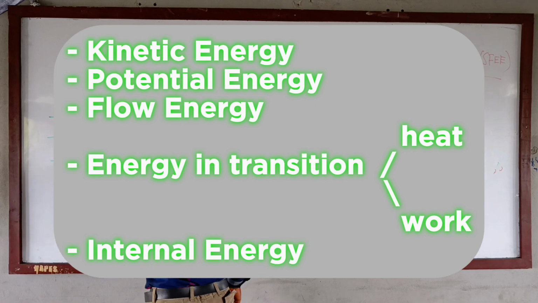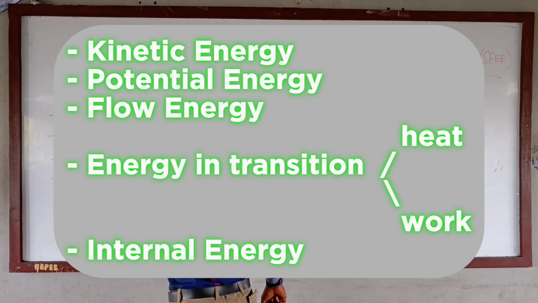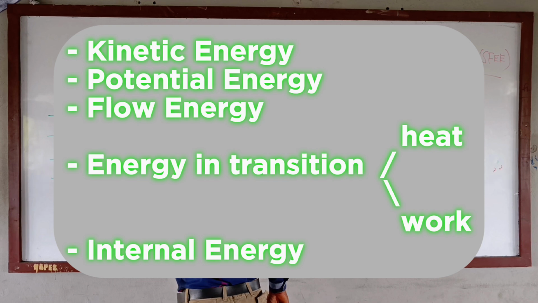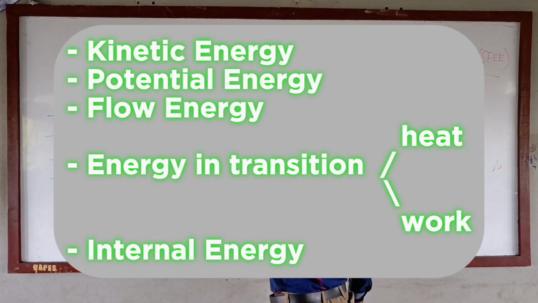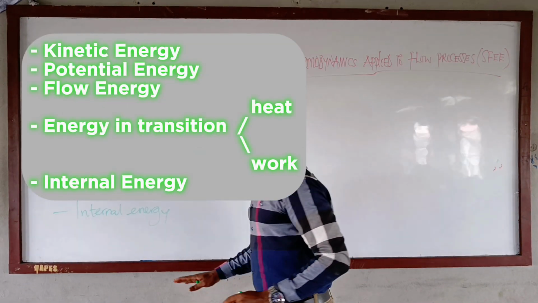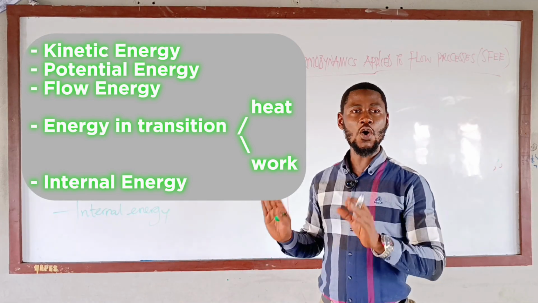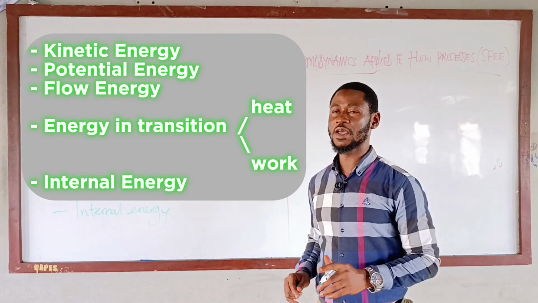The third one is flow energy. The fourth one is energy in transition, which comprises heat and work. And the last one is internal energy. These are the forms of energy that occur in a flow system.